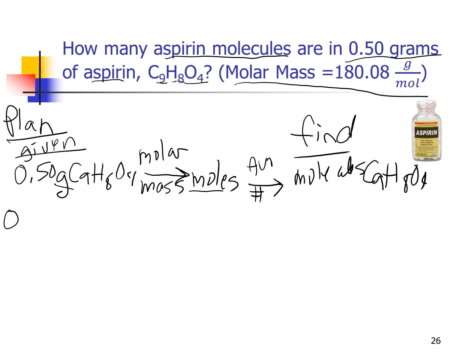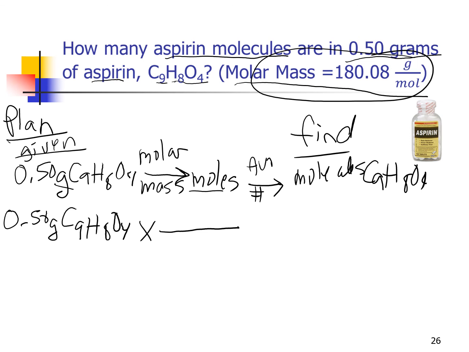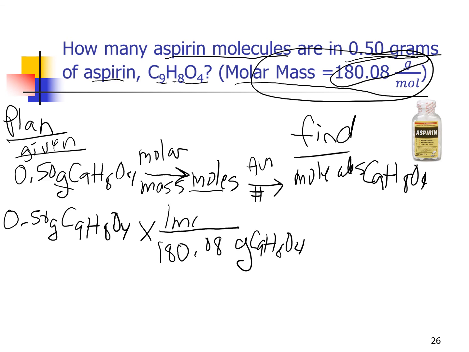So we're going to start with 0.50 grams C9H8O4, and then the molar mass is given. And we're going to set it up so that the grams will be at the bottom. So we have 180.08 grams of C9H8O4, and at the top, that is the mass for 1 mole of C9H8O4.